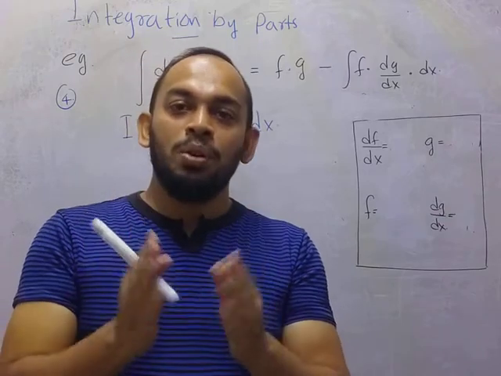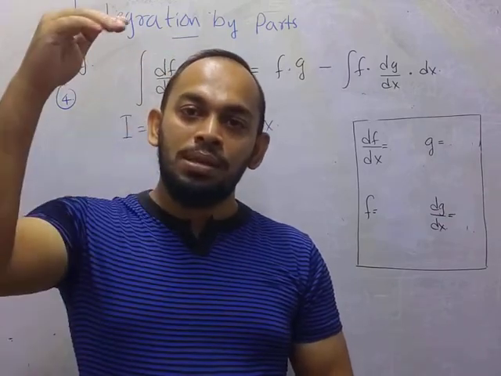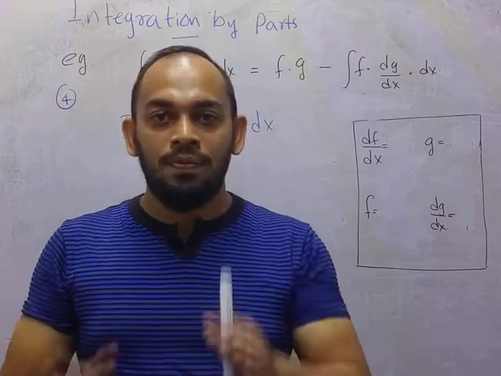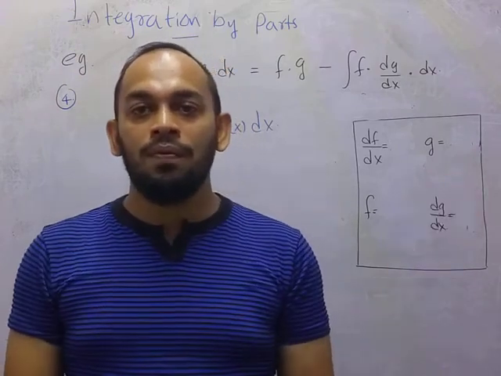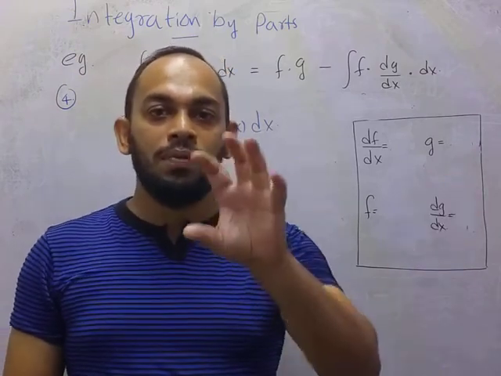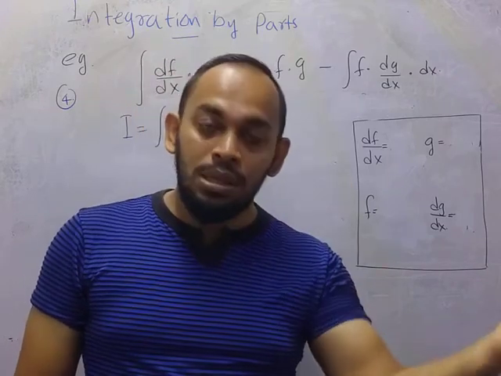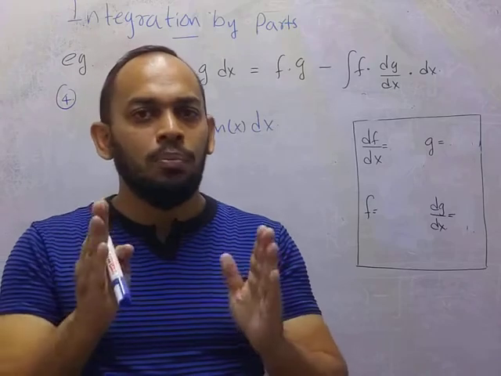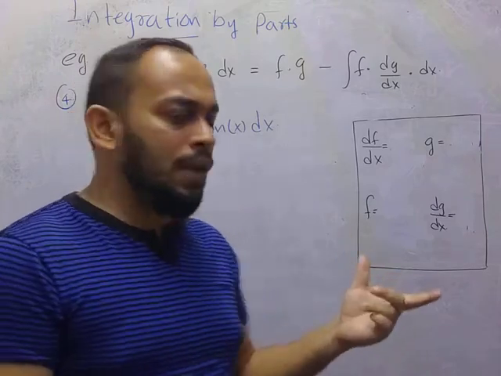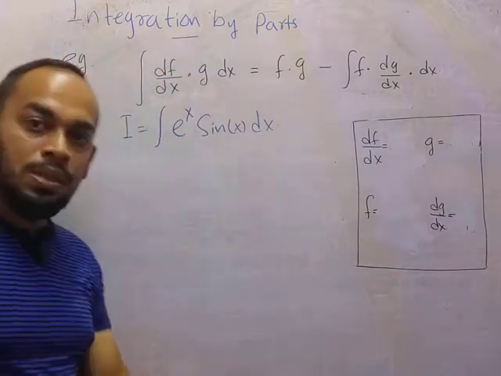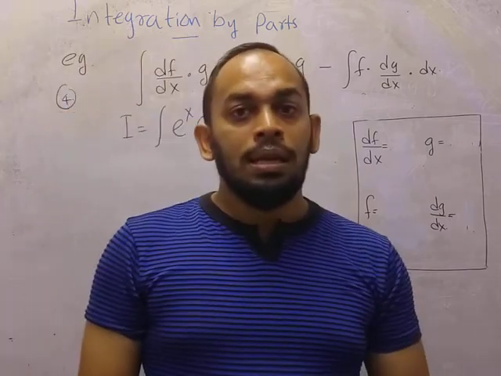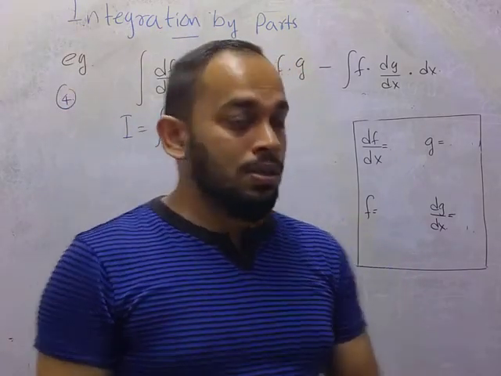When it comes to polynomials, when you differentiate polynomials, the exponent gets deducted, and finally they will be taken out of the integral, right? So for example, if you differentiate x, you get 1. If you differentiate 1 again, it will be 0, right? So dealing with polynomials is easy, but when you have a product between a trig and exponential, that's a bit difficult, right? So let's see.